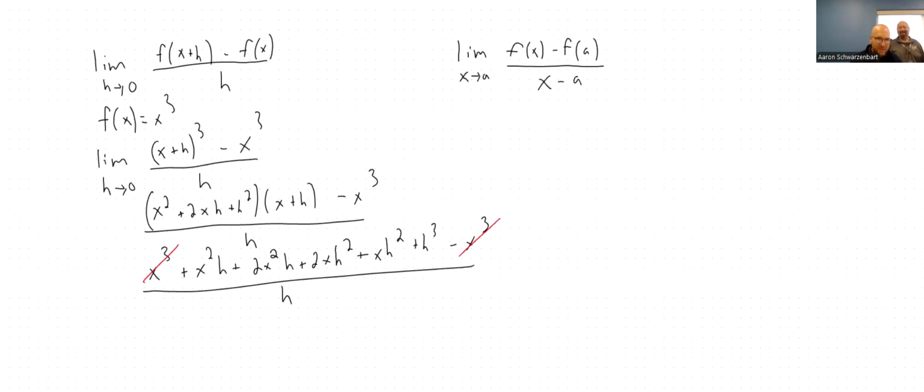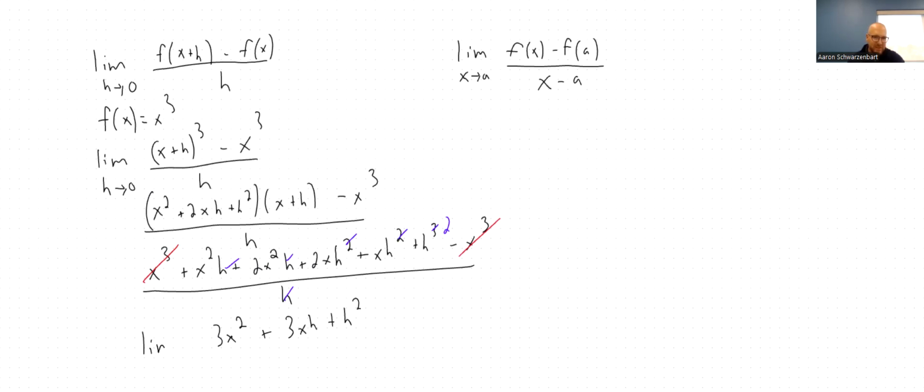Now what's left after that? I have an h in every term that's left. Does that make sense? Yeah. And as I'm doing, now I'm going to combine like terms. X squared and 2x squared become 3x squared plus 3xh plus h squared.